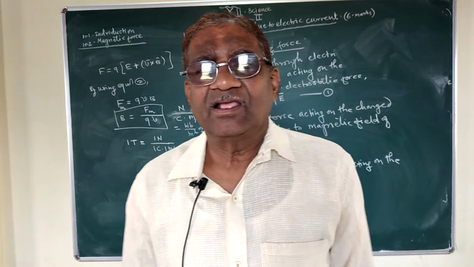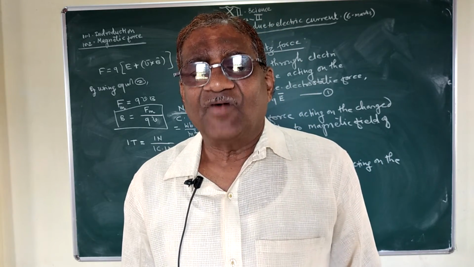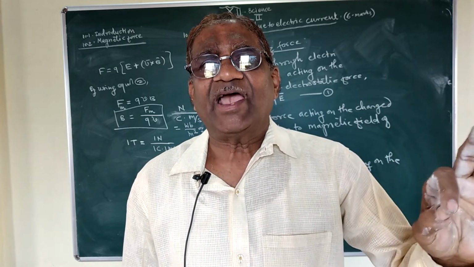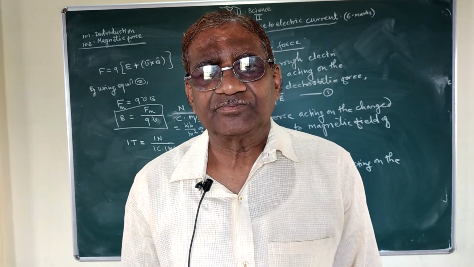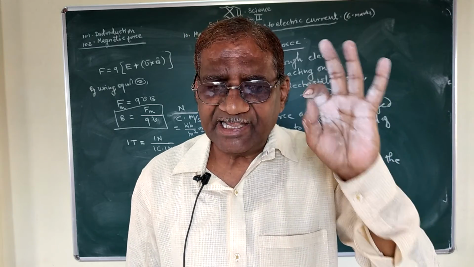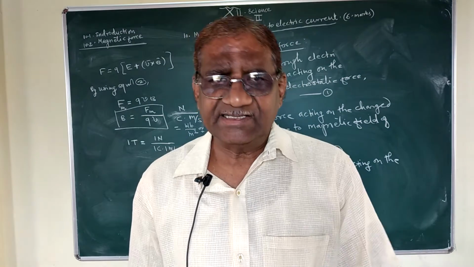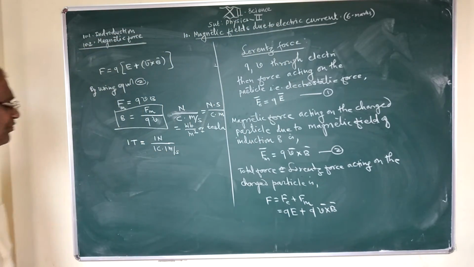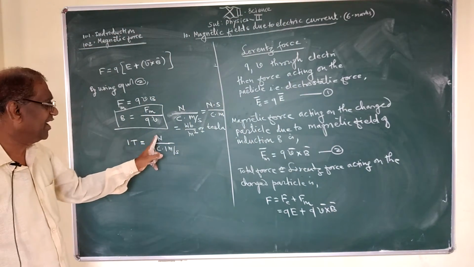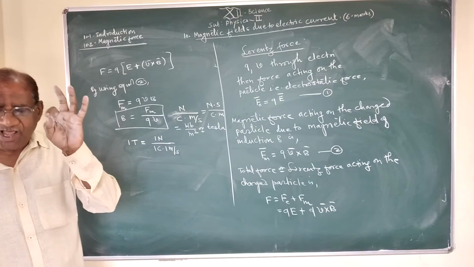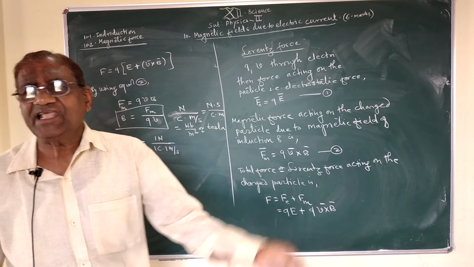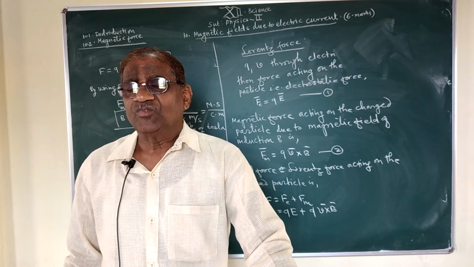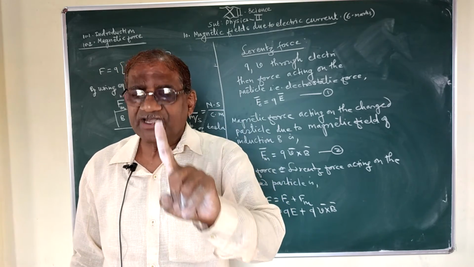What do you mean by 1 Tesla magnetic induction? Define 1 Tesla. The magnetic field of induction is said to be 1 Tesla if 1 Newton of magnetic force acts on 1 coulomb of charge moving with velocity 1 meter per second.